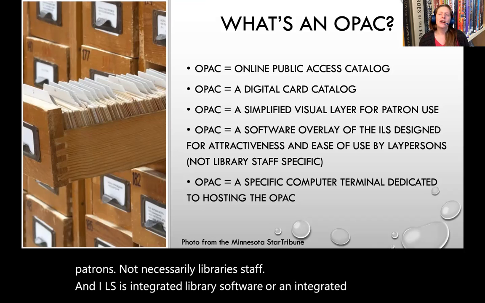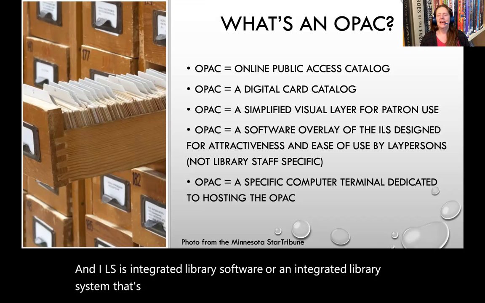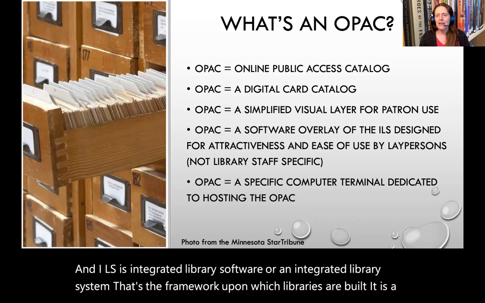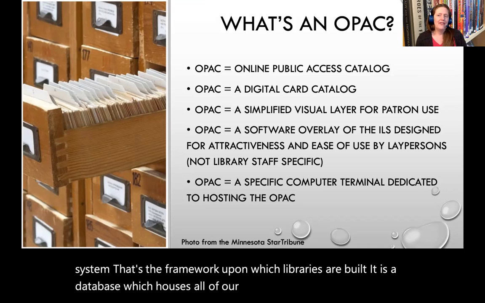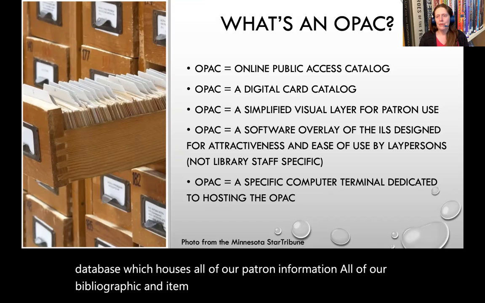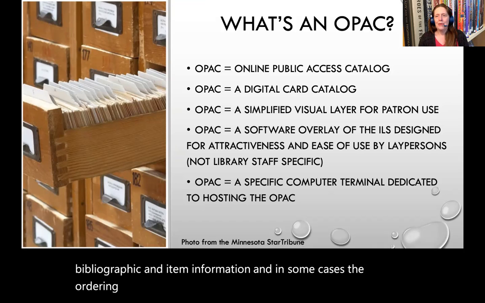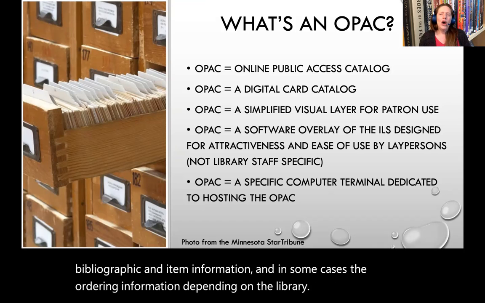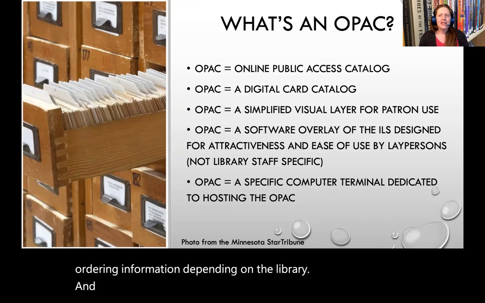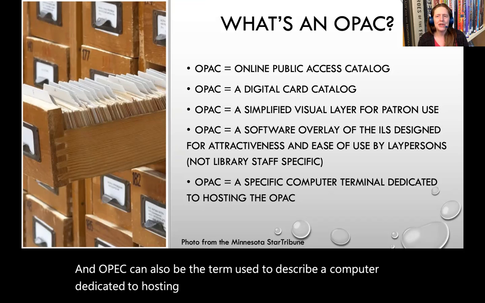That's the framework upon which libraries are built. It is a database which houses all of our patron information, all of our bibliographic and item information, and in some cases, the ordering information, depending on the library. An OPAC can also be the term used to describe a computer dedicated to hosting the OPAC, especially within a library.